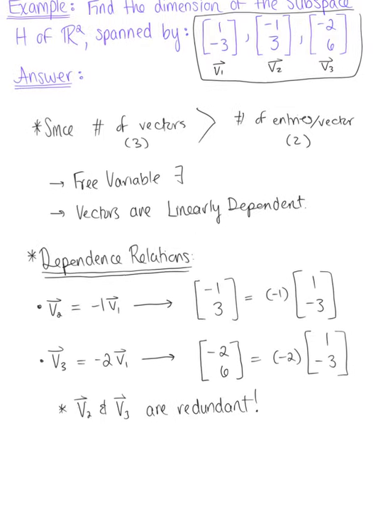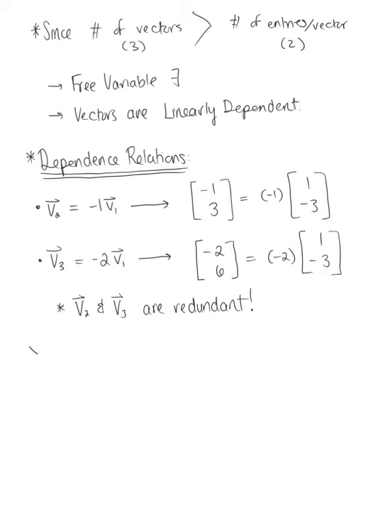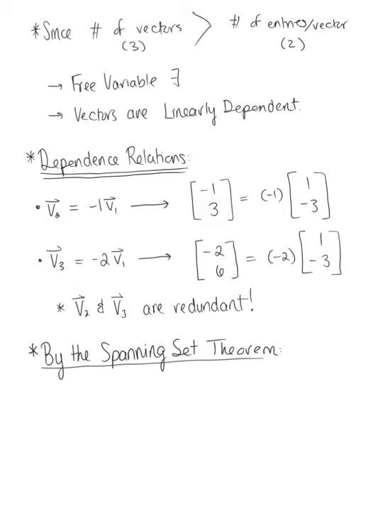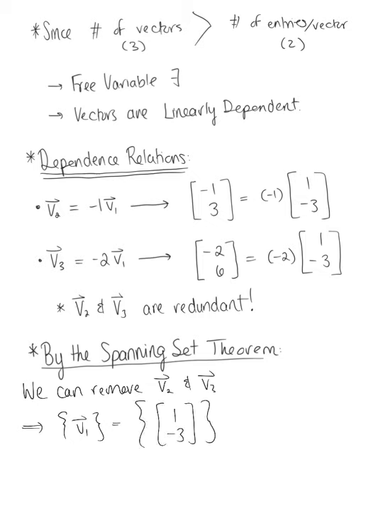So we can remove these two vectors by the spanning set theorem to attain a linearly independent set. By that spanning set theorem, we can remove the redundant vectors, v sub 2 and v sub 3, and the set containing v sub 1, defined by the vector (1, -3), will still span the space.